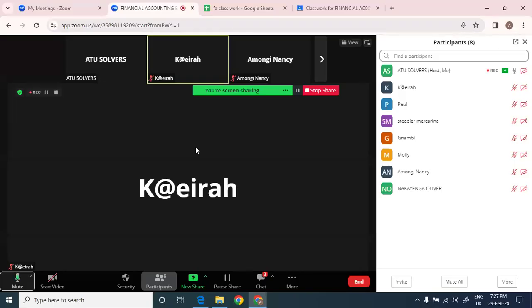We are going to look at measurement. How do we measure these assets? Measurement of property, plant, and equipment.